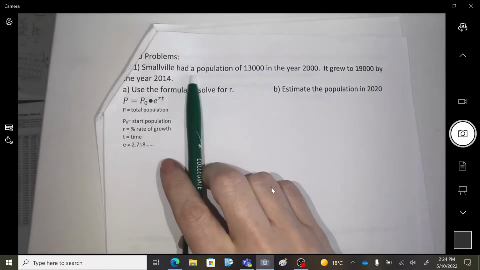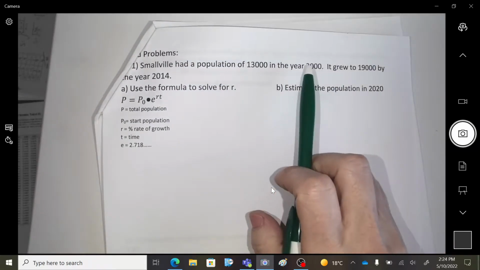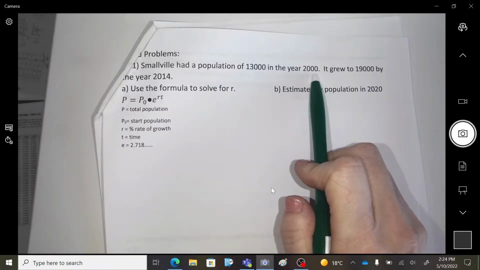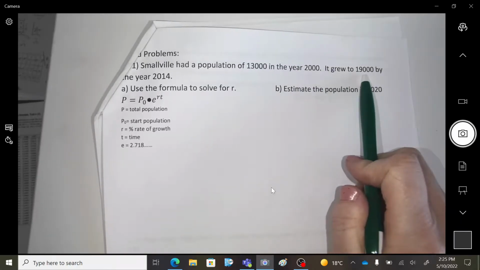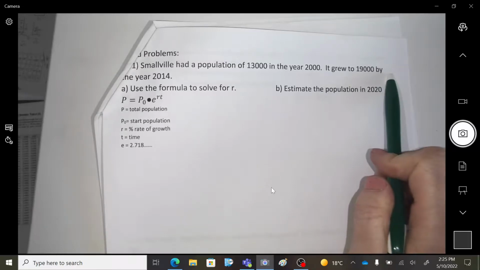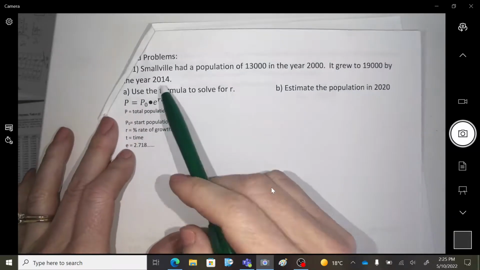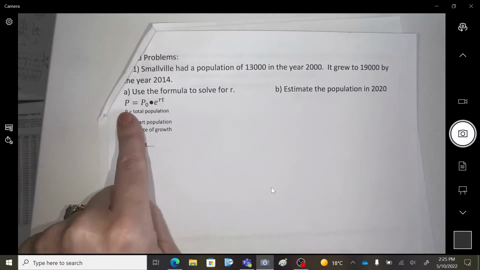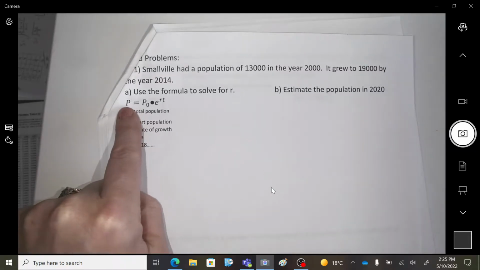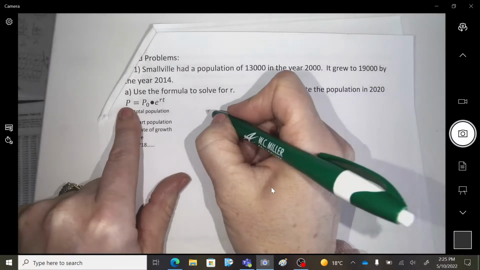Okay, Smallville had a population of 13,000 in 2000, and it grew to 19,000 by the year 2014. So P is the population now, the ending population.